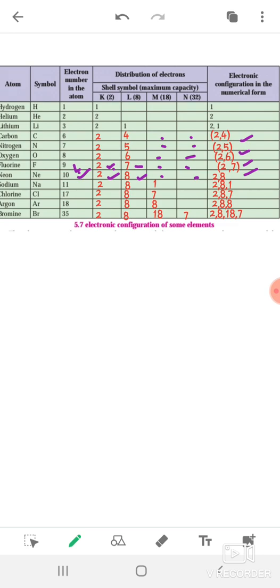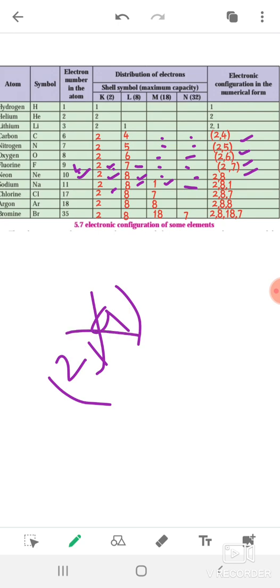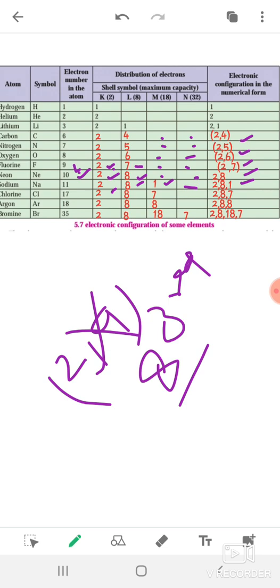नाउ सी द सोडियम. सोडियम की भी हमने कर ली थी. So in sodium the first orbit has 2, then the second orbit 8 and the last one contains 1 electron. And I told you that 2, 9 is wrong, because we have to follow the third rule, which says the outermost shell cannot have more than 8 electrons. So sodium's electronic configuration is 2 8 1, that is 11 electrons are there.